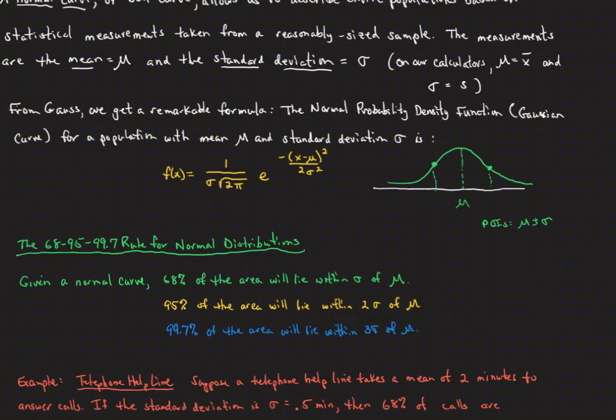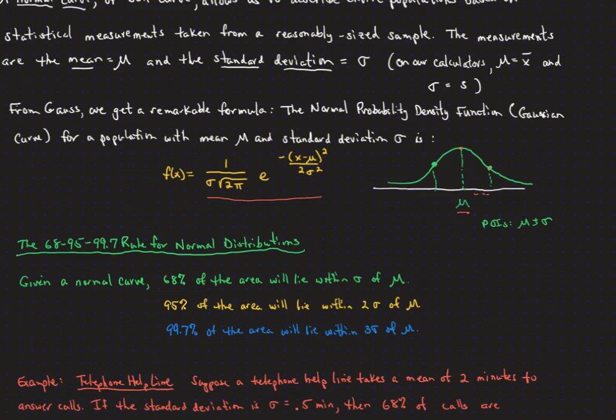But in general, this formula works for any normal curve, and normal curves will be different depending on what their mean is and what their standard deviations are. It's kind of interesting to note that the mean is going to be the part where we get the peak. That's where the highest probability is going to occur.